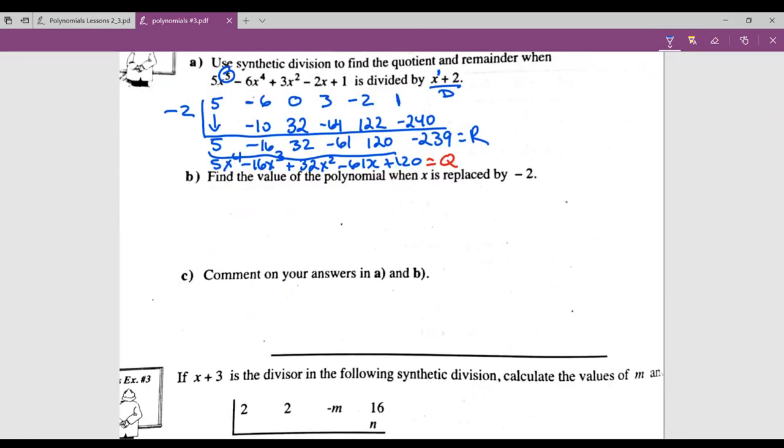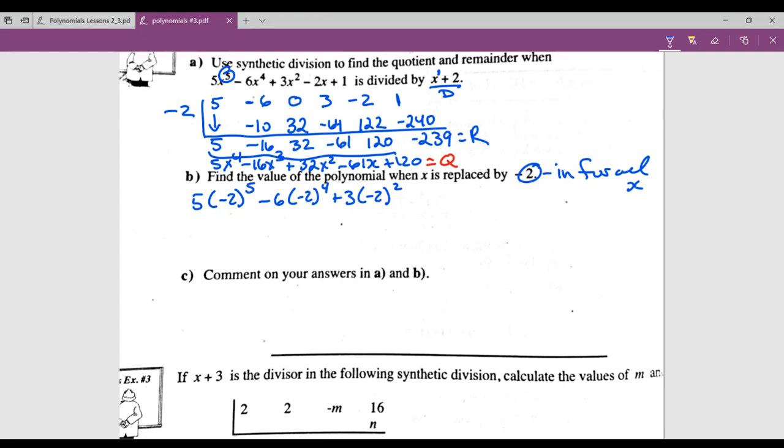All right. Find the value of the polynomial when x is replaced by -2. Okay, so basically what they're saying is put -2 in for all your x's. So if I go 5, -2 to the 5th, minus 6, -2 to the 4th, plus 3, -2 squared.